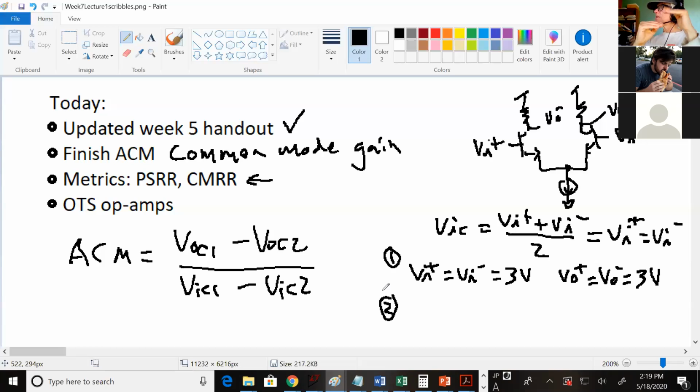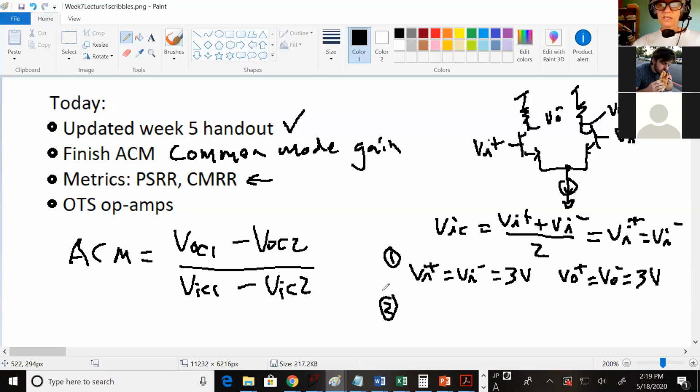And then let's say I made 3.2 and 2.8. What's my average? 3. Still 3. So you haven't changed the average. So be careful of that when you're trying to get the common mode gain. That doesn't change. Having a balanced input doesn't change the average. So if you're tying them together, you try 3 volts and then you try, hey, 3.1 volts.